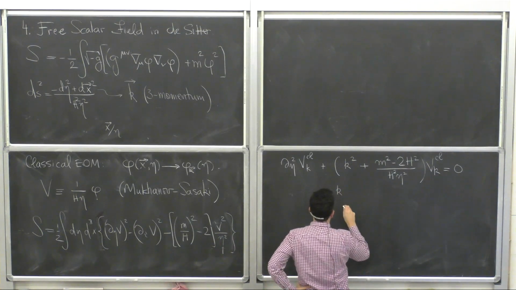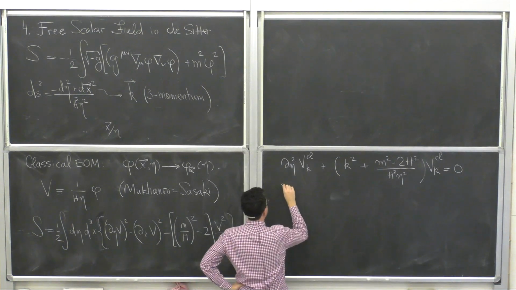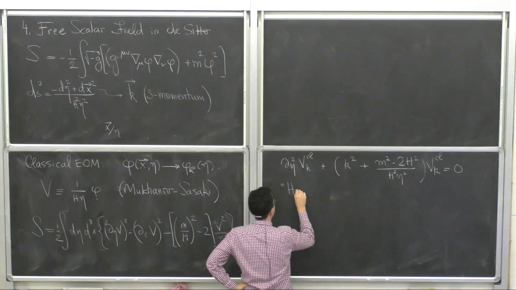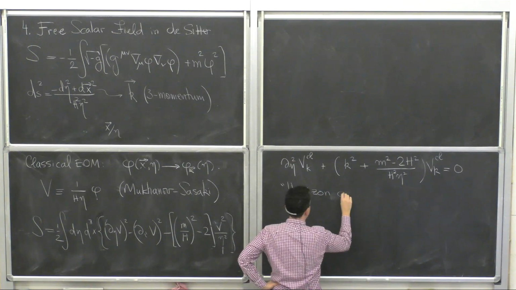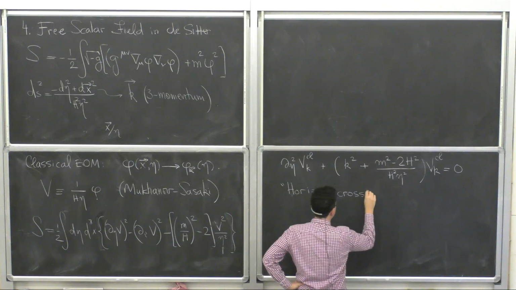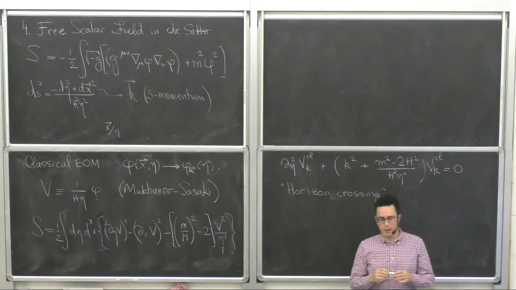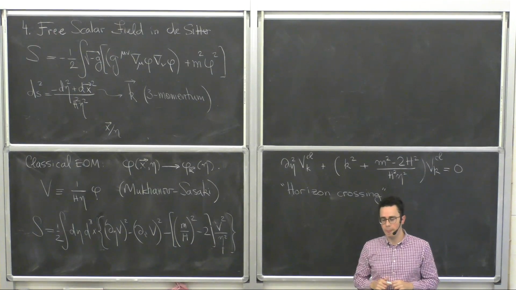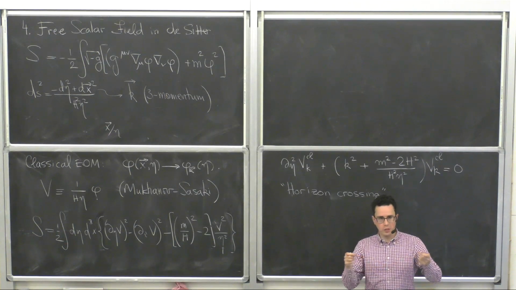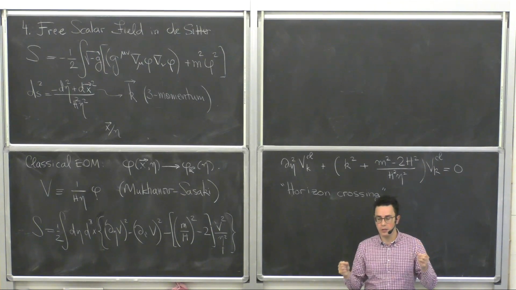Okay, so in particular, there is a piece of jargon. This is jargon, but it appears so much in the literature that you should learn it: horizon crossing. The idea is that if you track a fixed comoving wave number mode, k, the physical wavelength is changing with time. At some point, the physical wavelength becomes equal to the de Sitter radius.